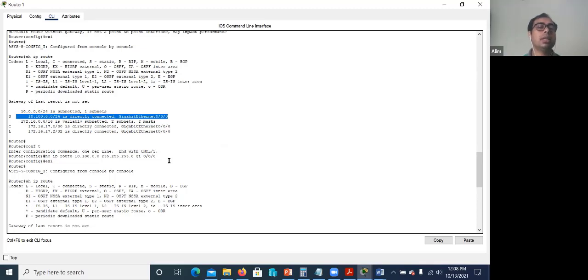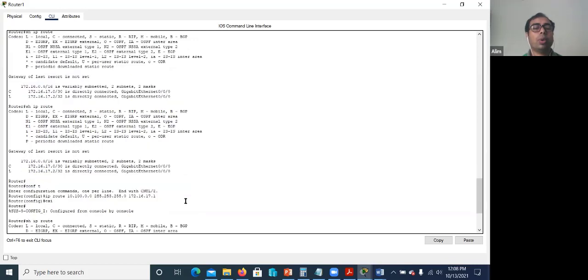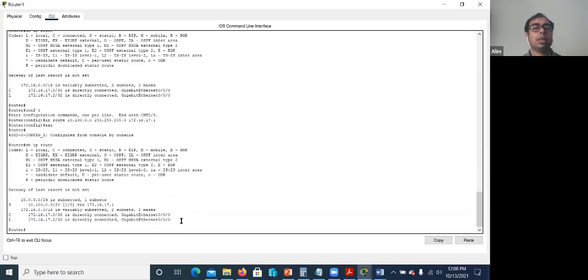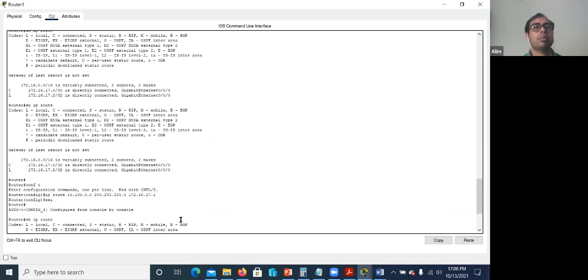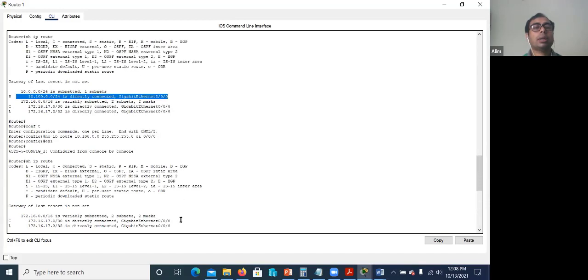One is using the exit interface, one is using the next hop IP address. Then what is the difference between the two? There are slight differences. For example, if we use the exit interface and the IP addresses of the interfaces are changed for some reason, it will not matter, and you don't need to configure the static route again. So this is one benefit.